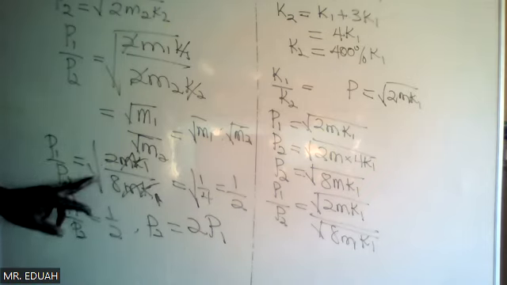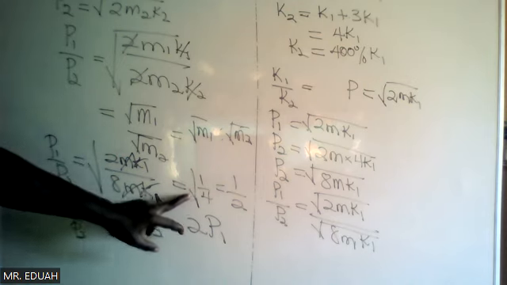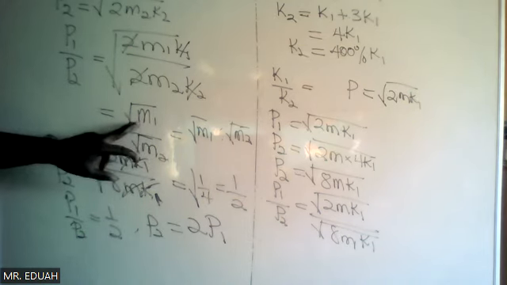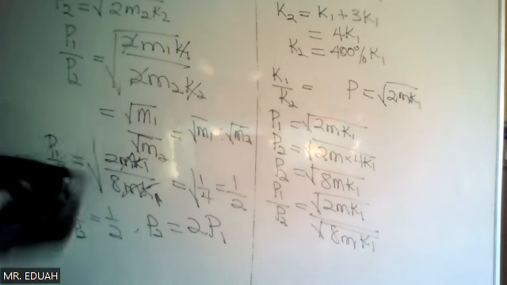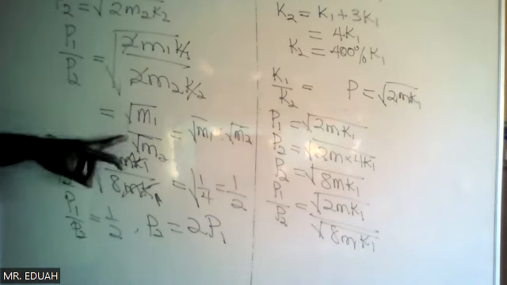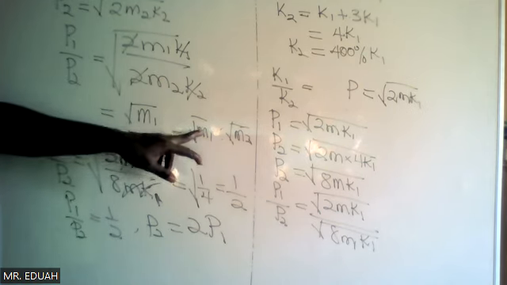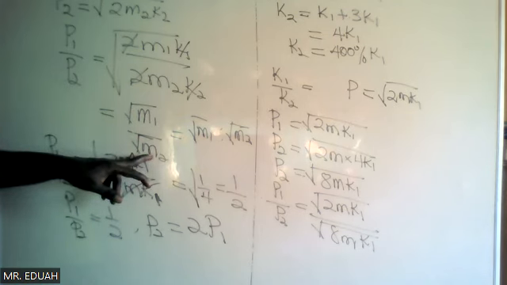Here? No, please, up, on top of that one. Oh, this is the first question I gave to you. Yes, that one. This is the square root of M1 over the square root of M2.